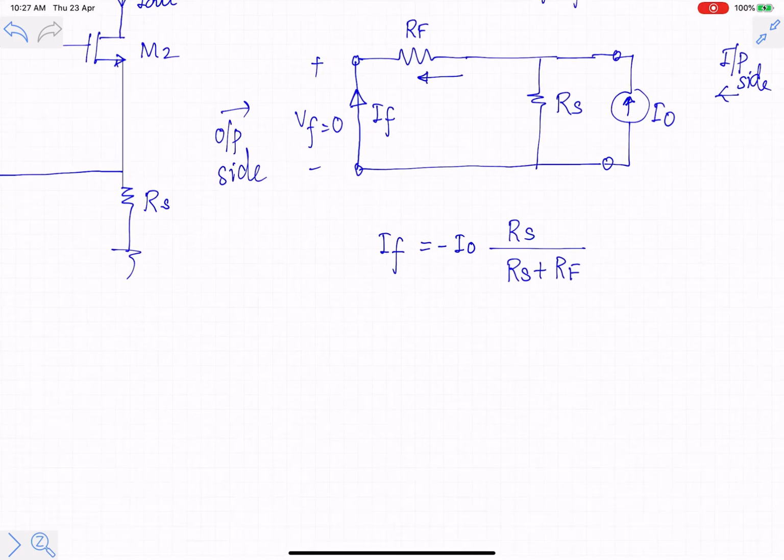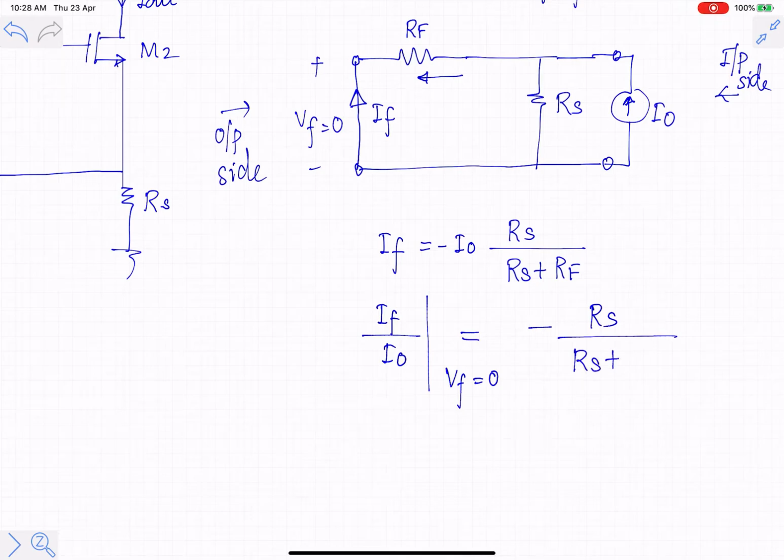So IF by IO, under the condition of VF equal to 0, is equal to minus RS divided by RS plus RF, which is nothing but the feedback factor beta. So it's a negative quantity.